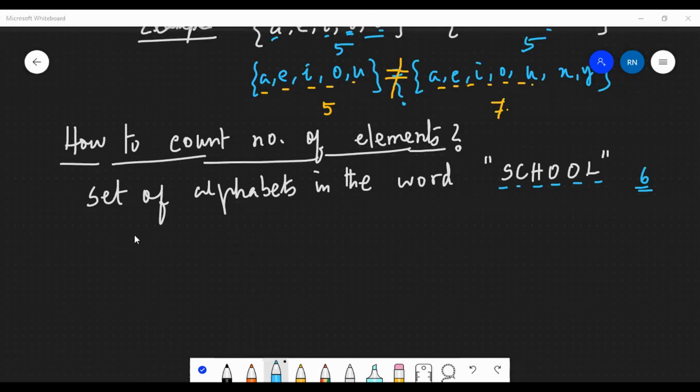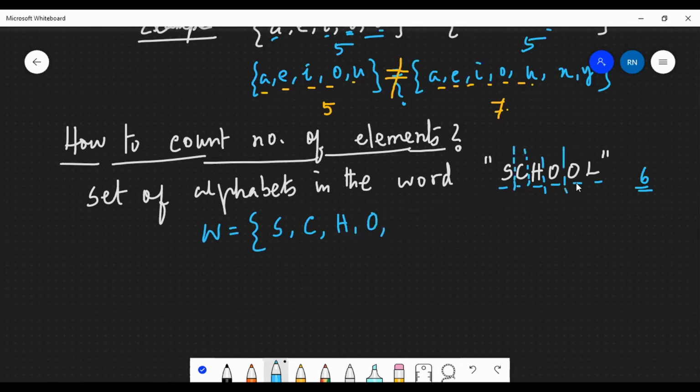Suppose I want to name this word W and I want to write the elements. So I will write S, yes, permitted. Now the next letter C, yeah. The next letter H.